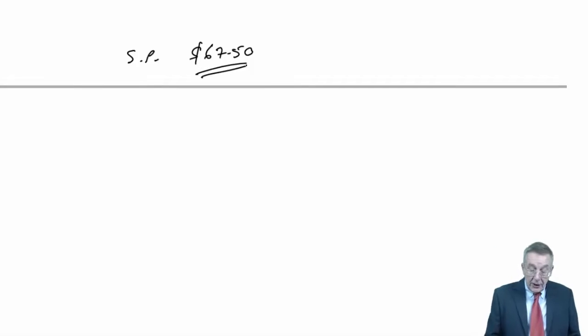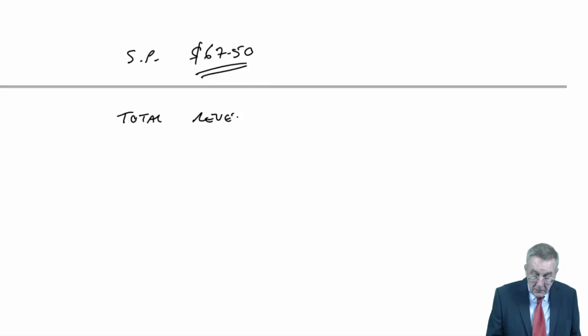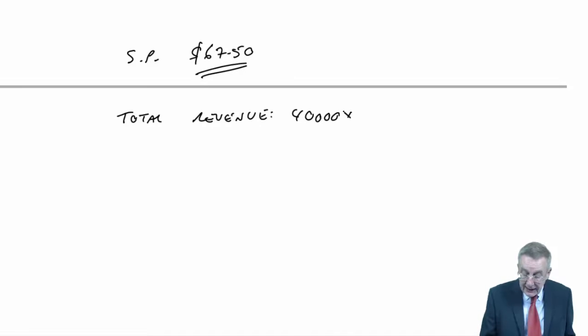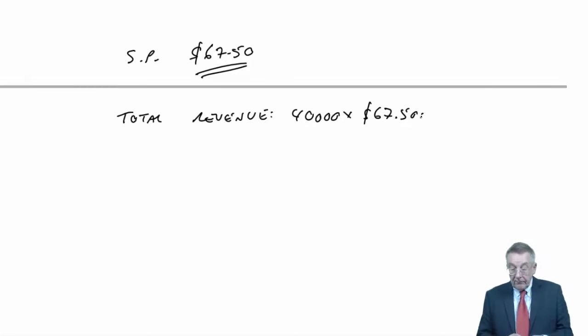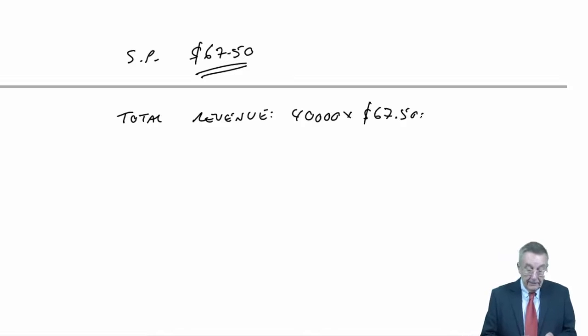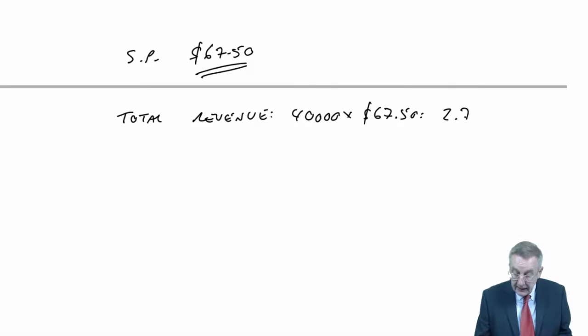But on the information here, the total revenue will achieve 40,000 units at $67.50, which is how much? 2.7 million.